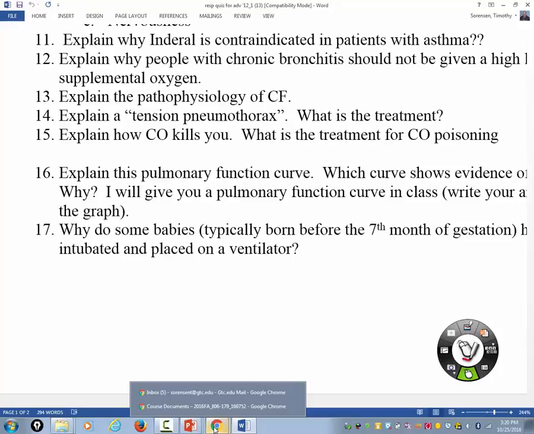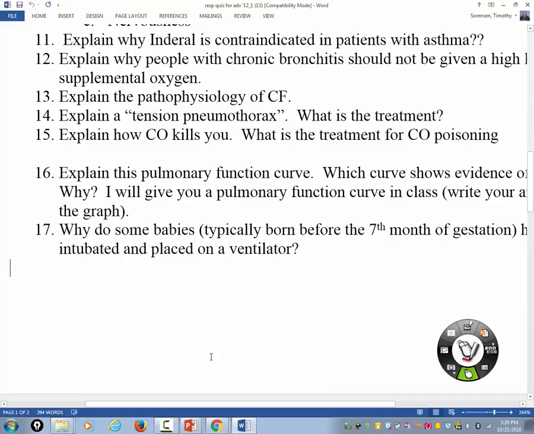It's called Surfacan. Or if the baby's born premature and unbeknownst to the doctor or the mother, then the baby can be placed on a ventilator short term, and then Surfacan can be given down the ET tube, so they only have to spend a little amount of time on there. So it reduces the surface tension between water molecules and prevents the alveoli from collapsing.